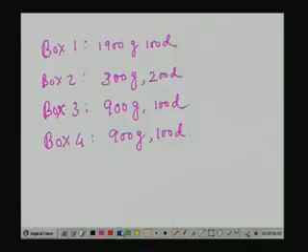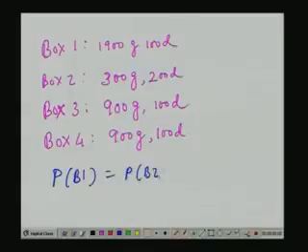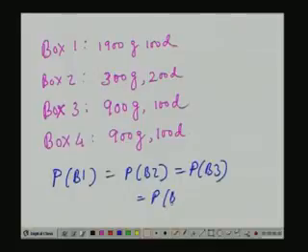That means P(B1) = P(B2) = P(B3) = P(B4) = 1/4. This is a very safe assumption, because there is no preference for a particular box.